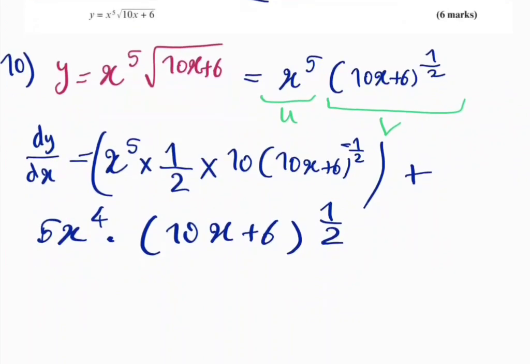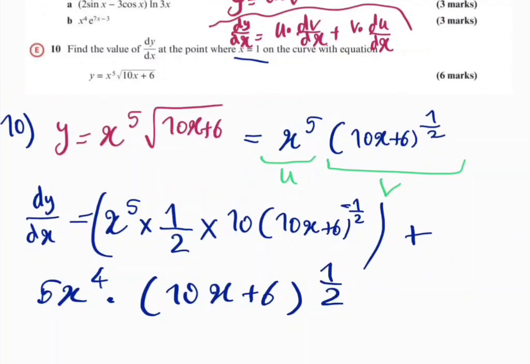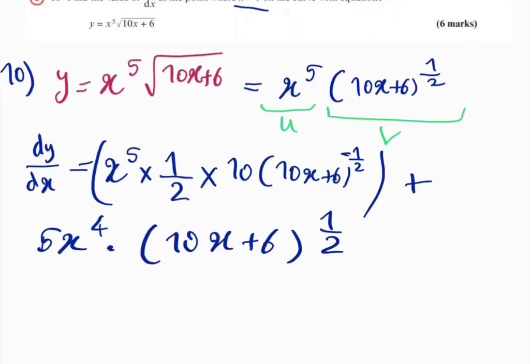Of course, we can simplify this, but what I prefer to do is, since here x is 1, substituting 1 into this and then calculating is easy, right? So I think there is no need of simplifying that, but it's optional. If you want, feel free to do that.